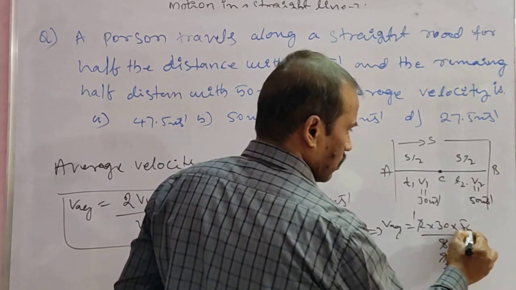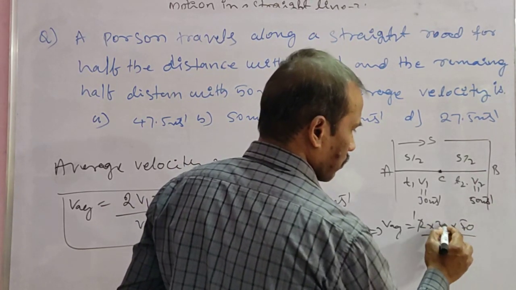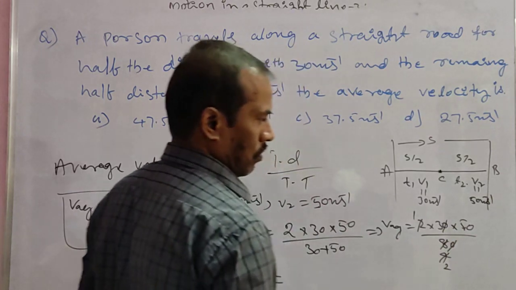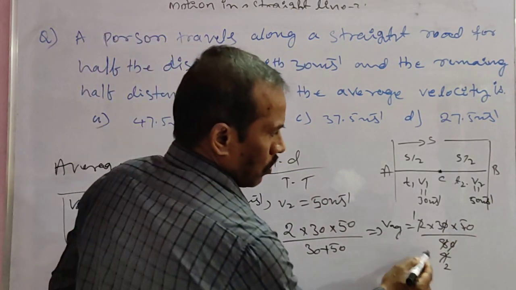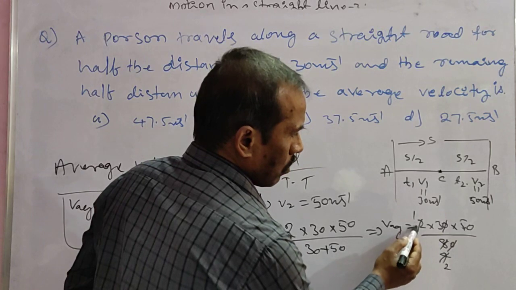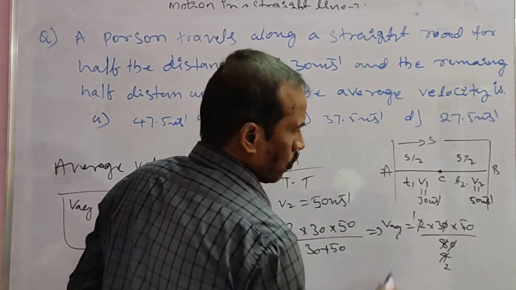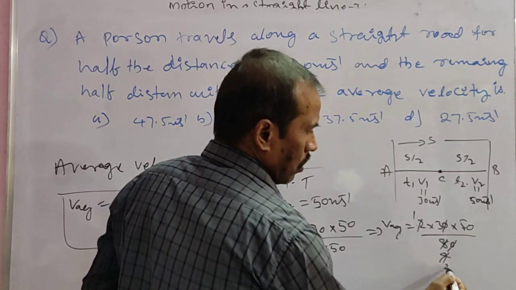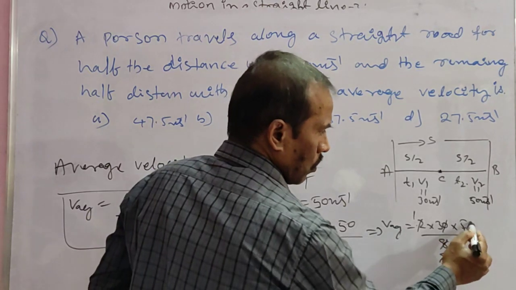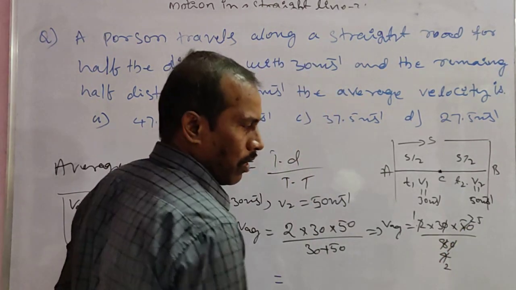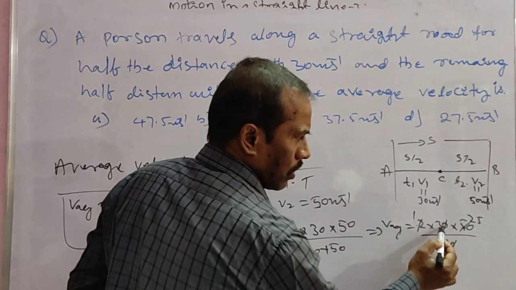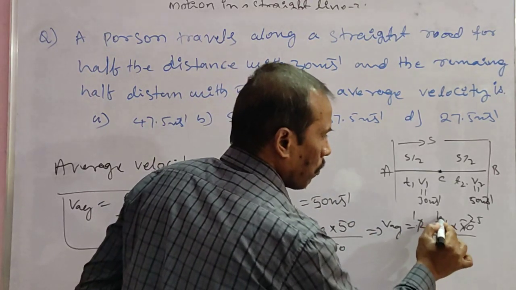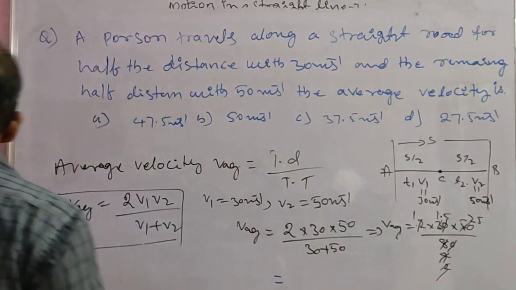Remaining: 2 ones are 2, 2 fours are 8. Next, 2 twos are 4, then 2 twenty-fives are 50, remaining 3, that means it is equal to 1.5. Okay, now note this one first of all.